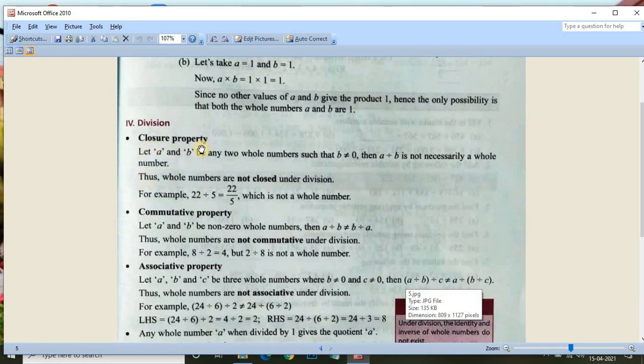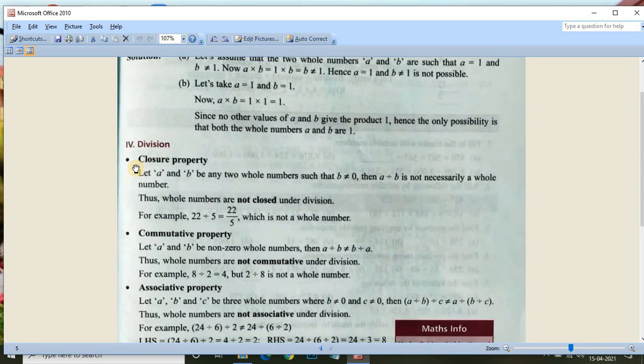Closure property. Let a and b be any two whole numbers such that b is not equal to 0. Then a divided by b is not necessarily a whole number. Thus whole numbers are not closed under division. For example, 22 divided by 5 equals 22 by 5, which is not a whole number.